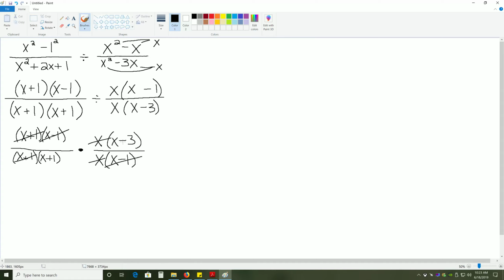And finally, we do not have an x minus 3 in the denominator of either of these fractions. So this will just simplify to x minus 3 being left in the numerator over x plus 1 being left in the denominator. And that is the simplified form of this original problem that was division by rational expressions.